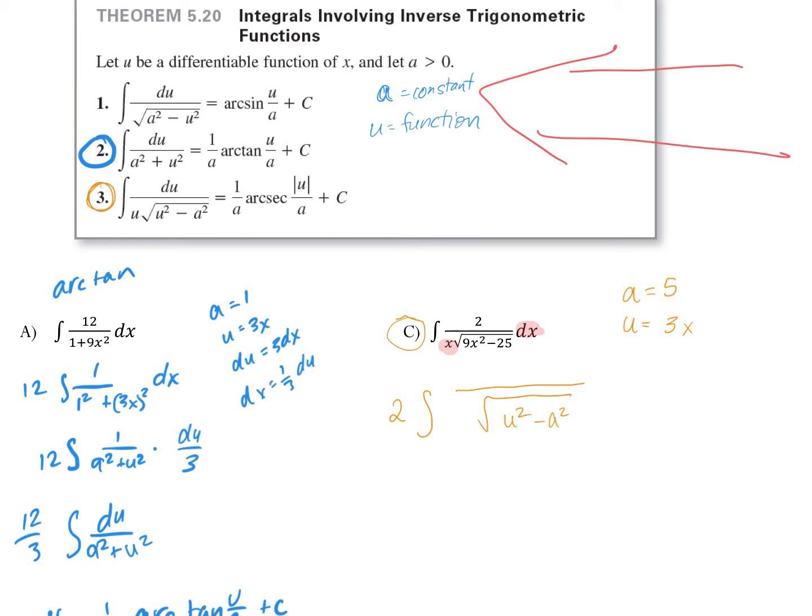Now, you guys, are you with me that we can say du equals 3 dx? And are you also with me that x is equal to 1/3 u?